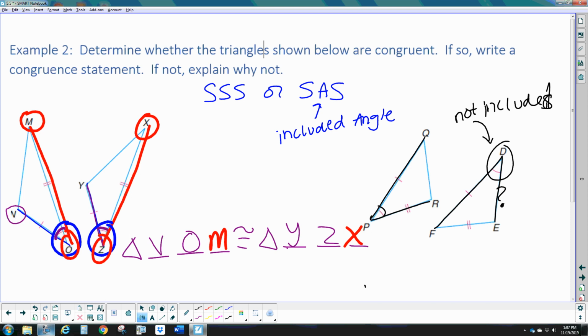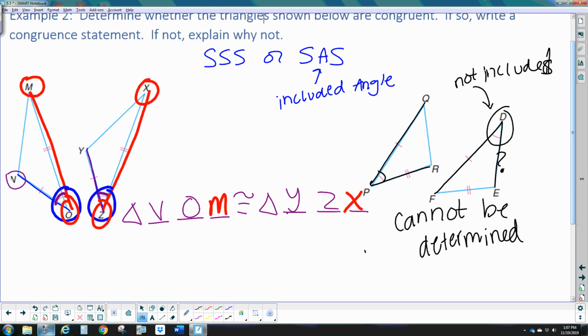In order for D to be an included angle, I have to be given FD and DE. So in this one, I cannot determine whether or not these triangles are congruent. I can't use side, side, side because I don't have all three sides, and I can't use side, angle, side because D is not an included angle.